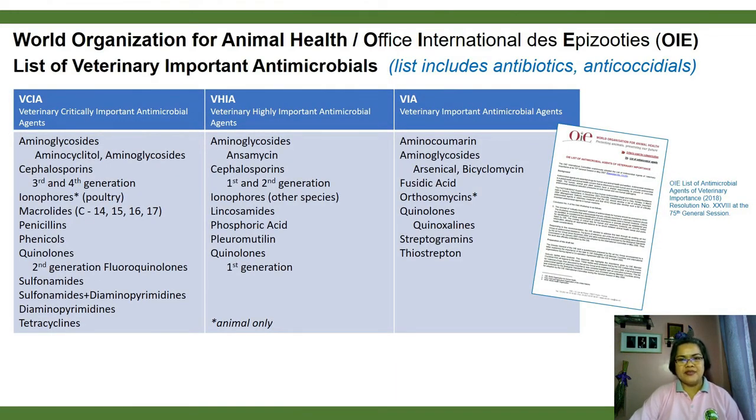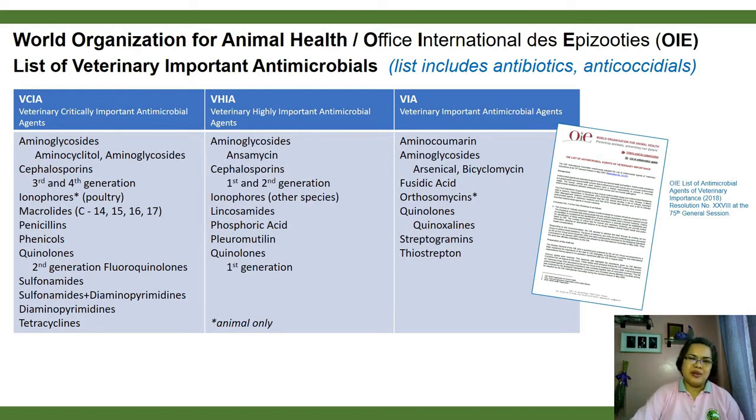Veterinarians get guidance from the OIE, and here we see the counterpart list. The classifications are veterinary critically important, highly important, and important antibiotics. So this list still does include mostly antibiotics. Same as the WHO, it lists by antibiotic classes and generations, not individual molecules.